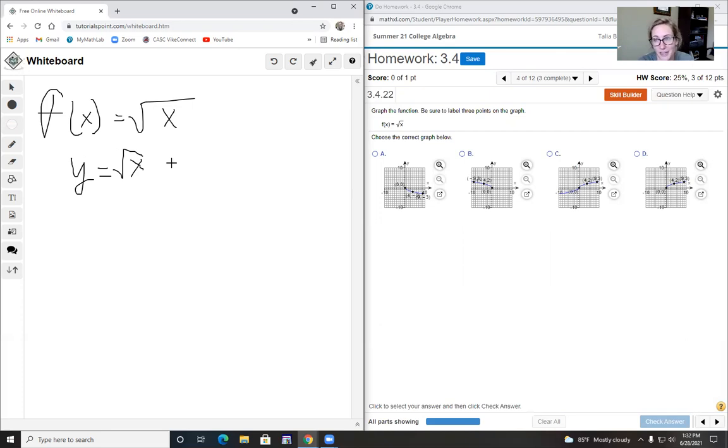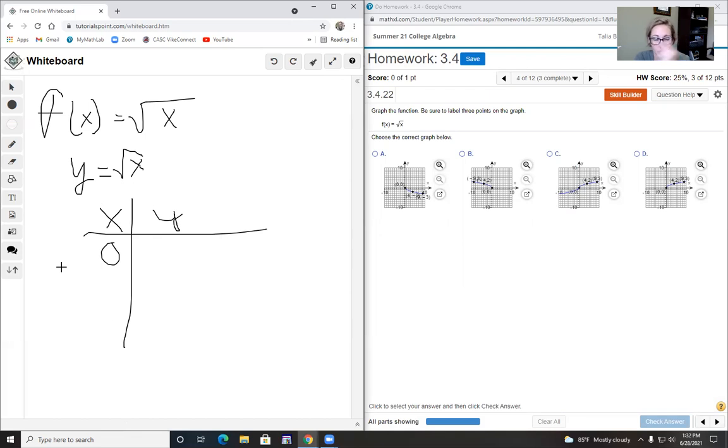We can't graph imaginary numbers, so there's not a negative that's going to be under that square root. So it's only going to be in the positive values unless they give us a negative over here, and they do not. So let's go ahead and throw some numbers in this, because the easiest way to check is to substitute numbers. So let's put 0 in here.